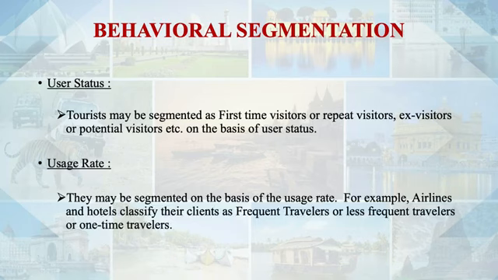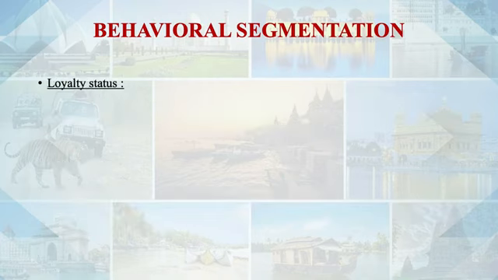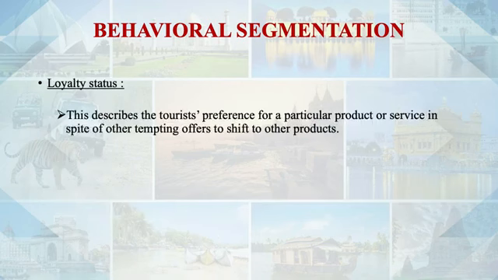For example, airlines and hotels classify their clients as frequent travelers, less frequent travelers or one-time travelers. Then we have loyalty status. Loyalty describes the tourist's preference for a particular product or service in spite of other tempting offers from competing companies or enterprises to shift to their products.